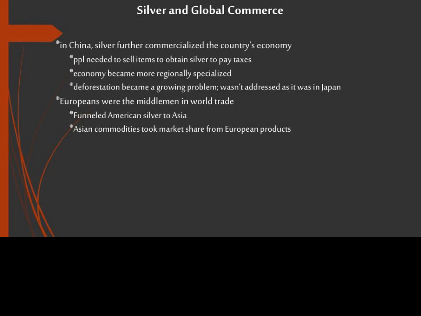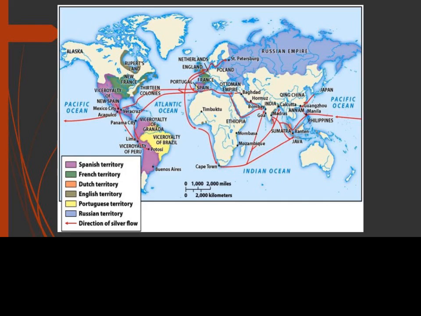And with the government demanding silver for taxes, I'll let you guys look at this map here while I'm finishing my thought. In China, the government's demanding silver for taxes. The Chinese population became increasingly entrepreneurial and commercialized.